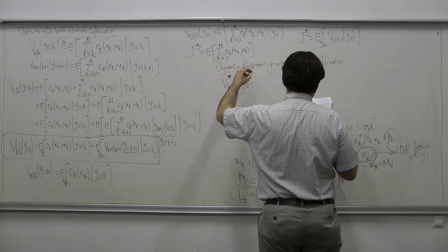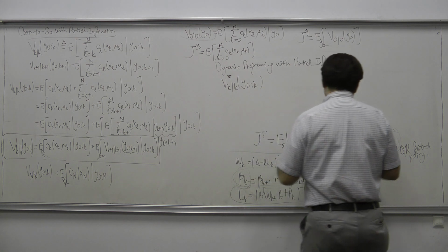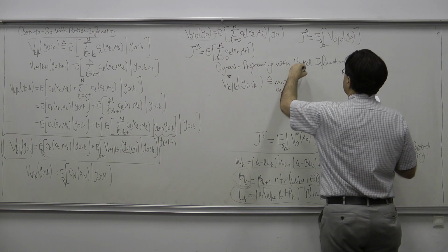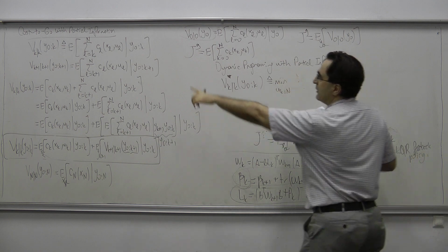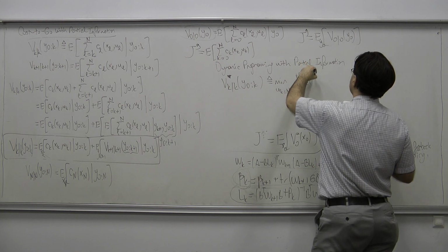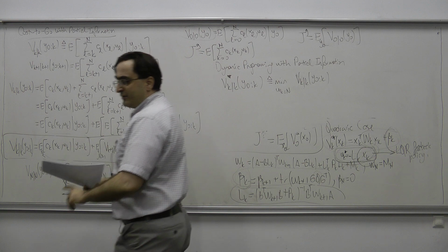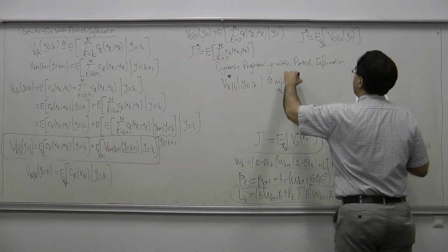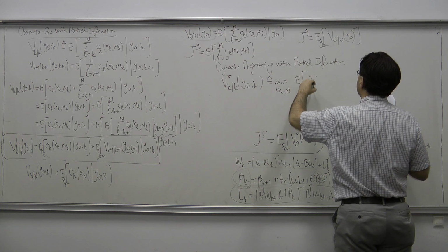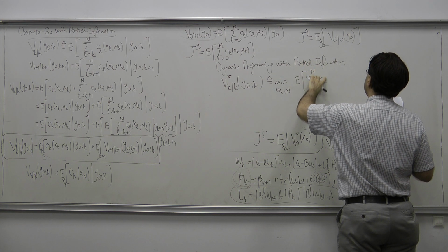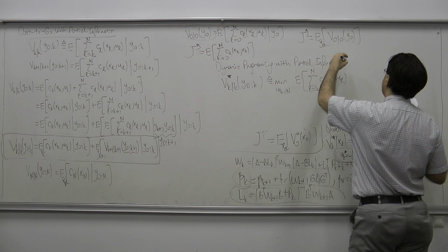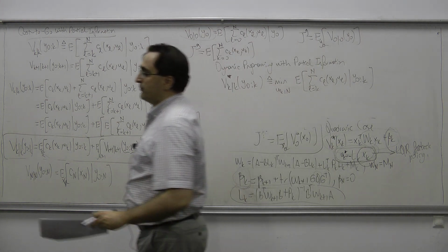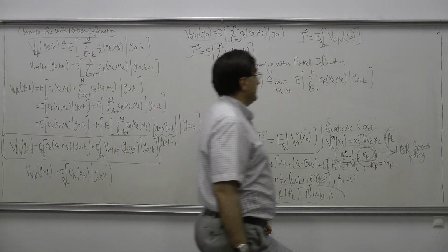This is going to be a function of y0 to k, and we are just going to define this as the minimum with respect to uk to n of the expected value of the cost to go, sum over L from k to n of C_L(X_L, U_L), given y0 to k.